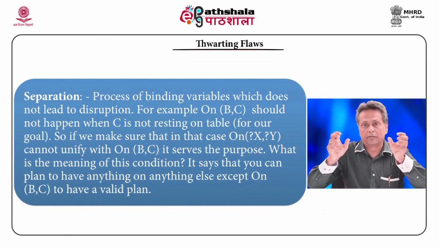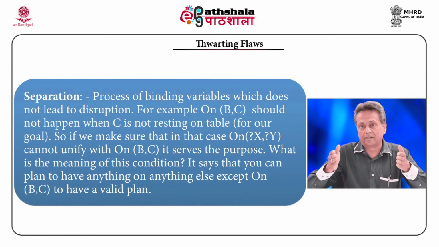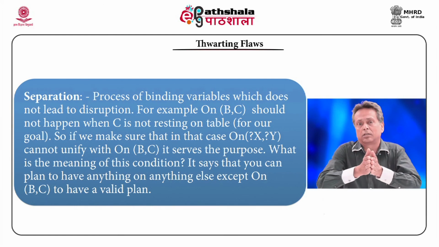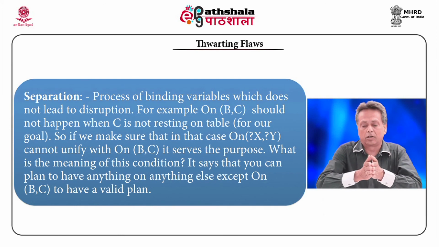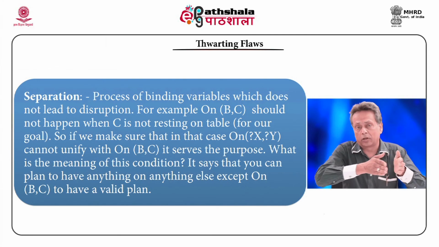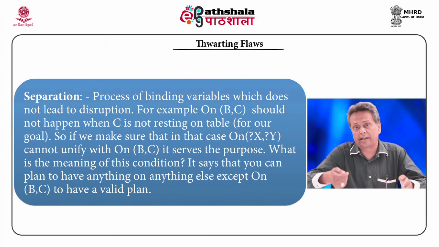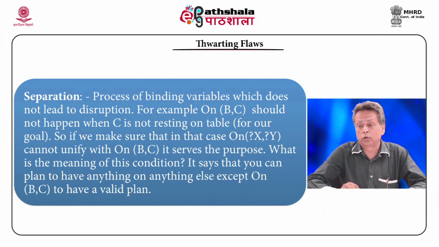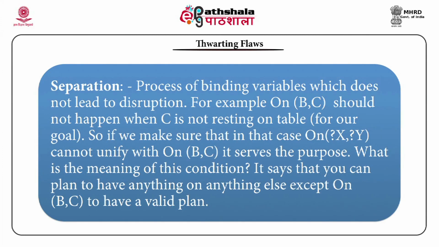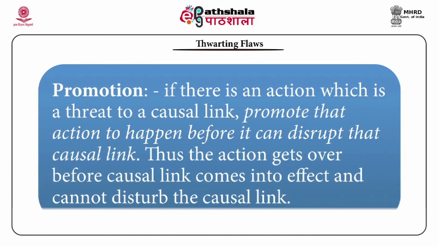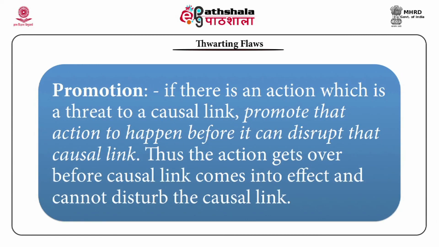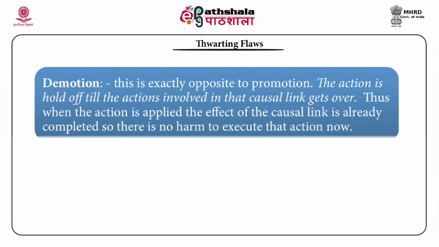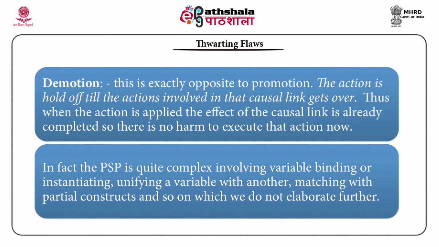Whenever it assigns a value to variables, it makes sure that the value assigned does not clobber the link. You do not instantiate the variable in a way that it clobbers a link. Obviously, two more: one is called promotion, putting it in the beginning, and demotion, putting it at the end, which I have already talked about.